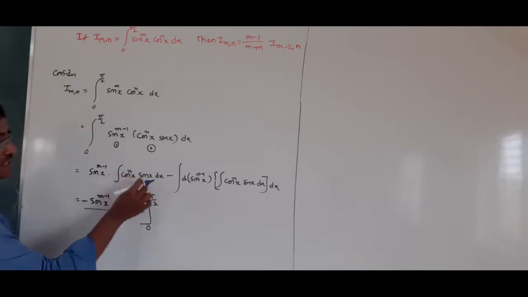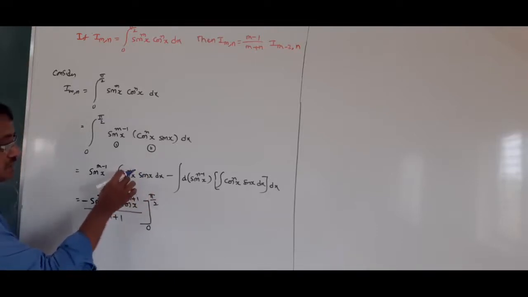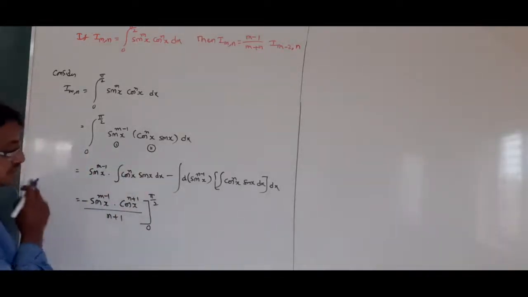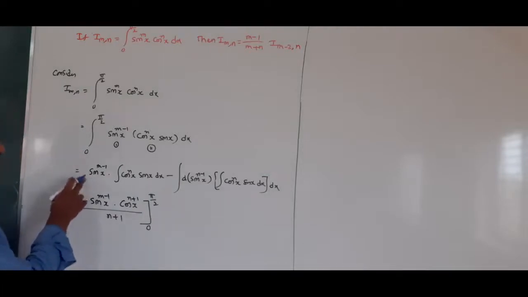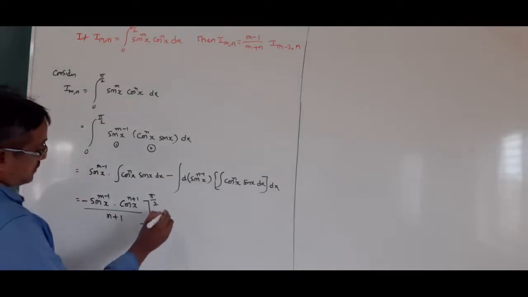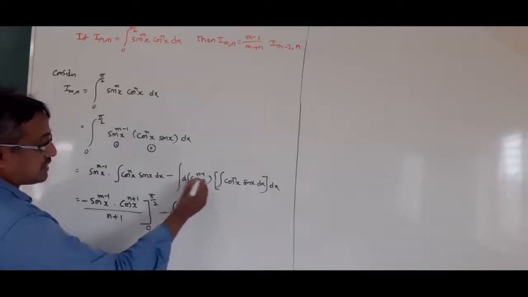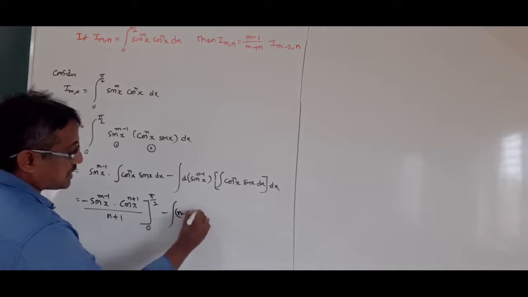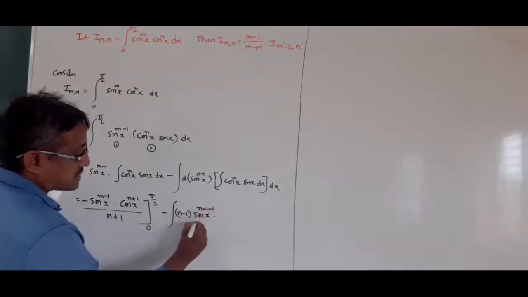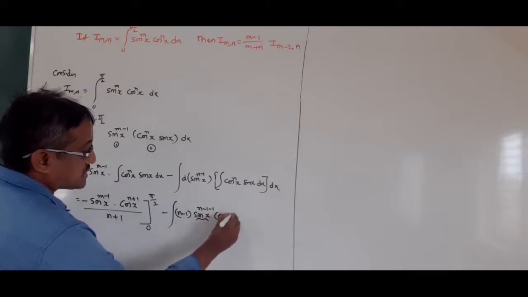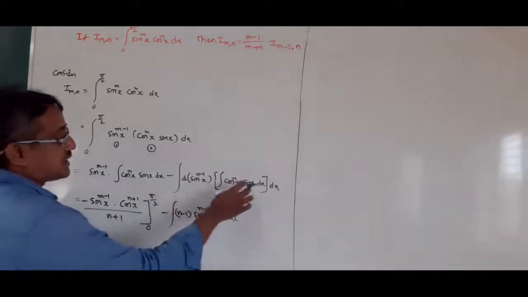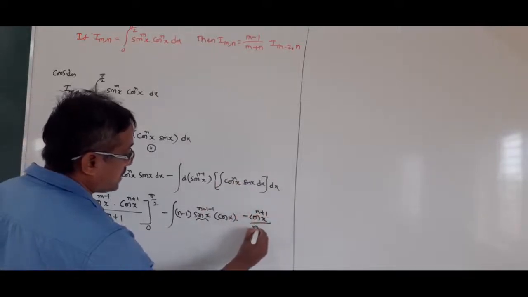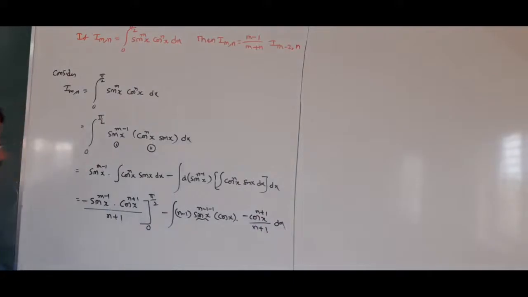If we have minus sin x here, it will be of the form integral f power n of x into f dash of x, so I have written minus outside the integral. So minus the derivative of sin power m minus 1 x, which is m minus 1 into sin power m minus 2 x into the derivative of sin x, which is cos x. Again this integral is minus cos power n plus 1 x by n plus 1 dx.